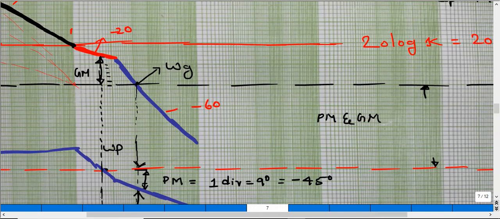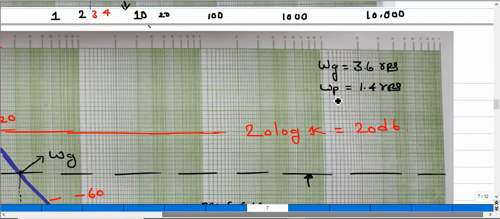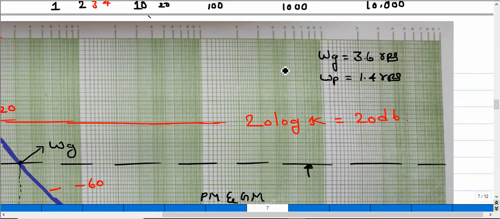In the actual measurement of my graph, I am getting gain margin as minus 17 dB and phase margin as minus 45 degrees.